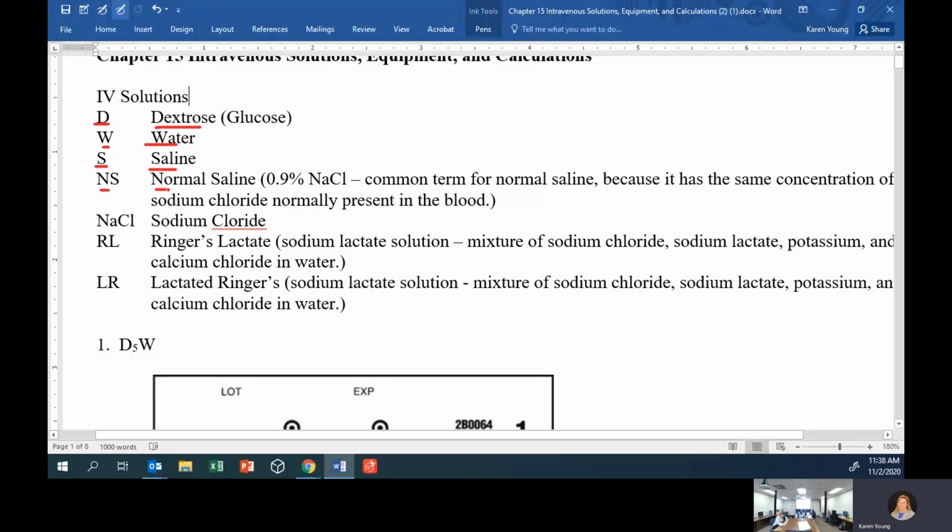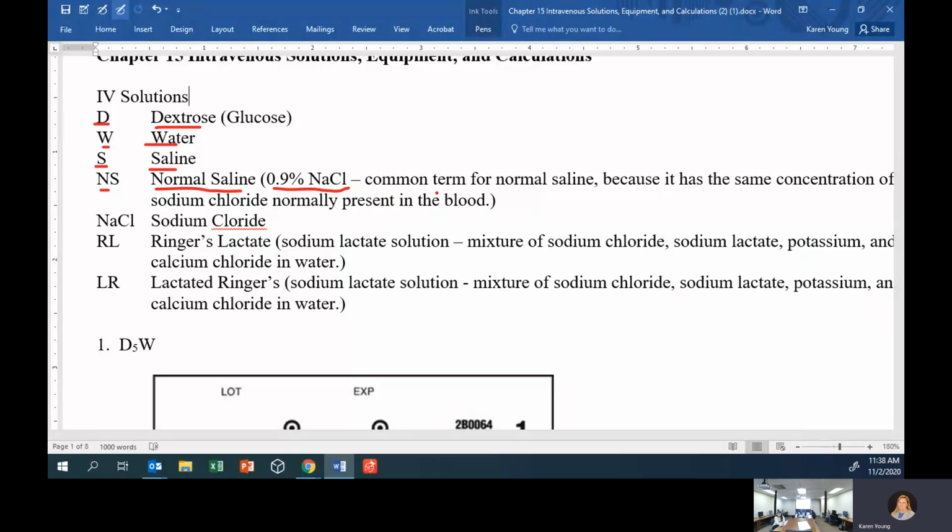NS is normal saline, which is 0.9% sodium chloride. Normal saline is the common term for sodium chloride because it has the same concentration of sodium chloride normally present in the blood.